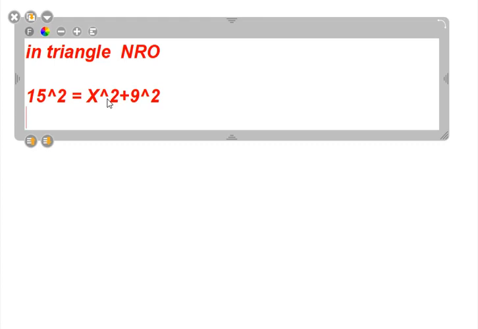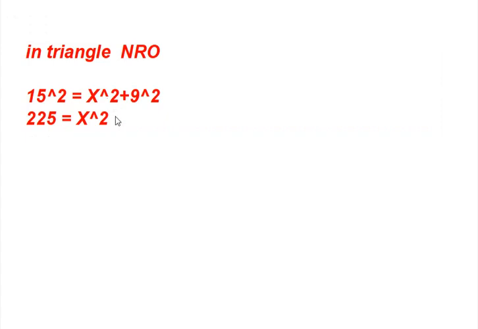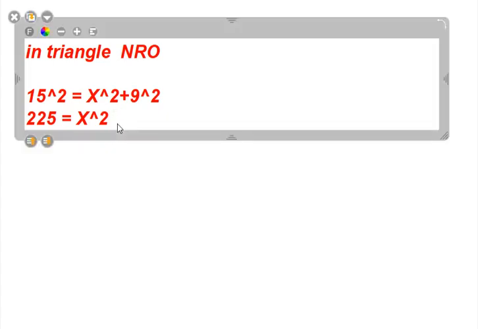And let's solve that. 15 squared is equal to 225. We already figured that out in the previous slides. x squared remains x squared, and 9 squared is 81.